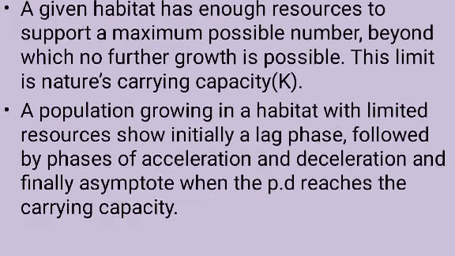A population growing in a habitat with such limited resources initially shows a lag phase, followed by phases of acceleration and deceleration, and finally an asymptote when the population density reaches the carrying capacity.